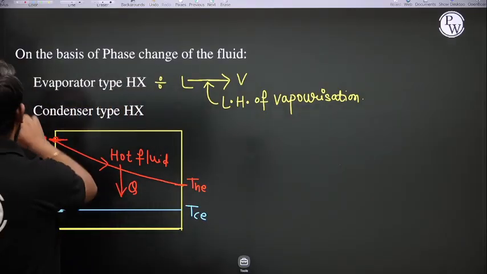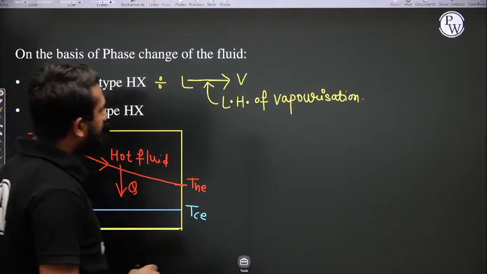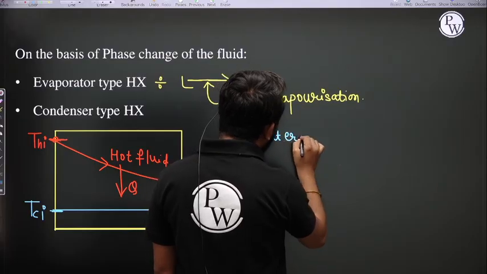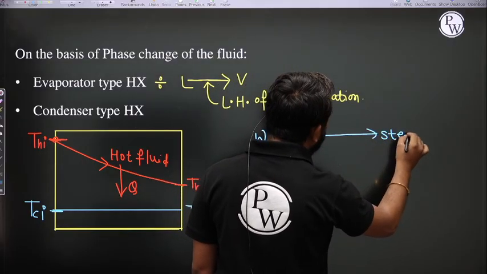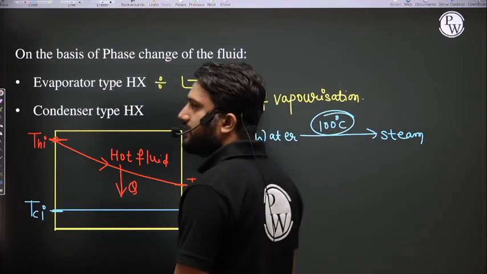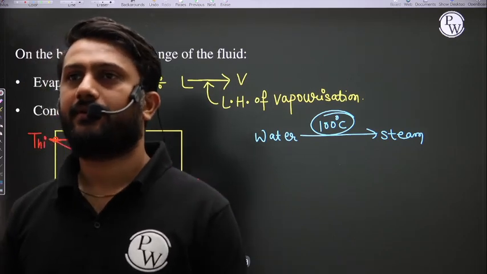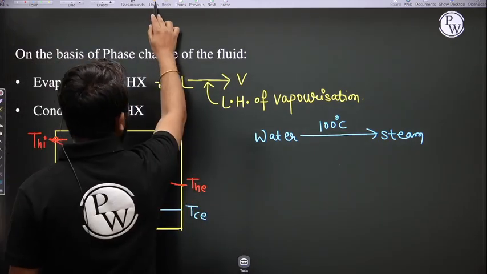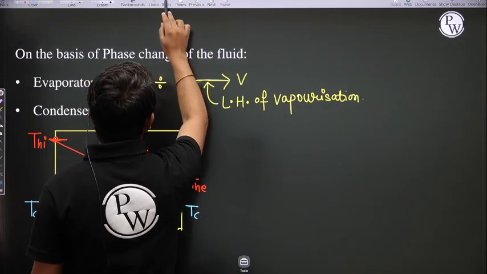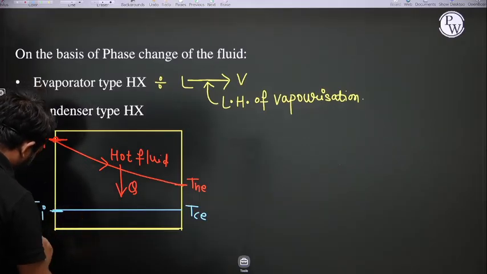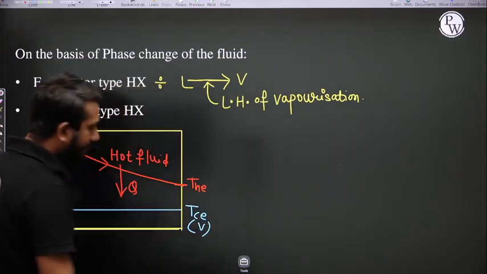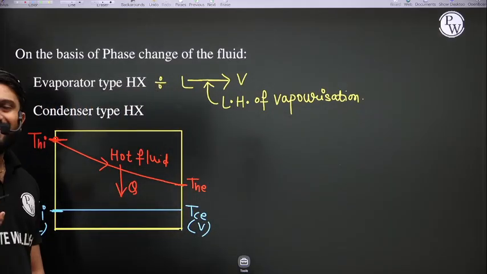We know that at 1 atmospheric pressure, when water is converted into steam, the temperature is 100 degrees Celsius, and this 100 degrees Celsius is constant during the phase change. Here is the liquid phase, and here the vapor phase, so latent heat of vaporization is required.